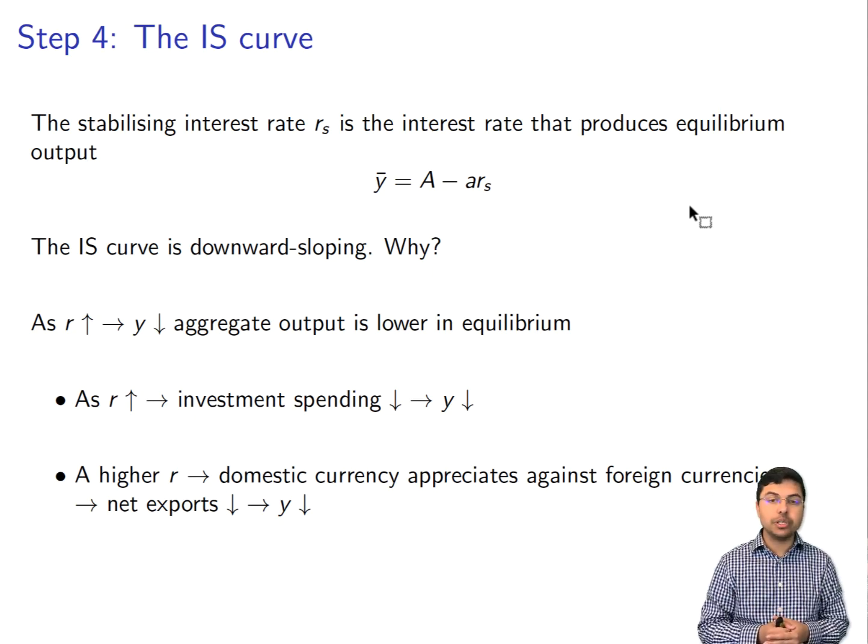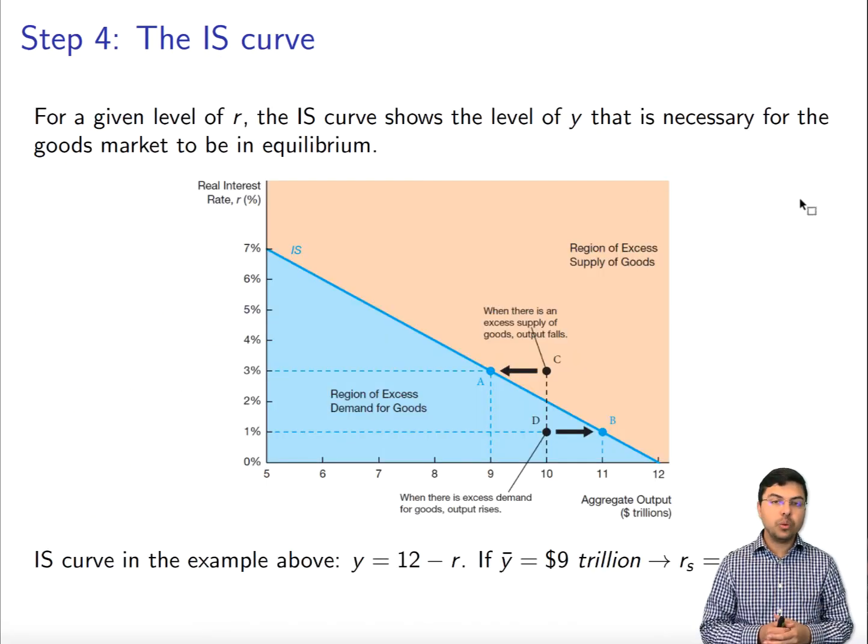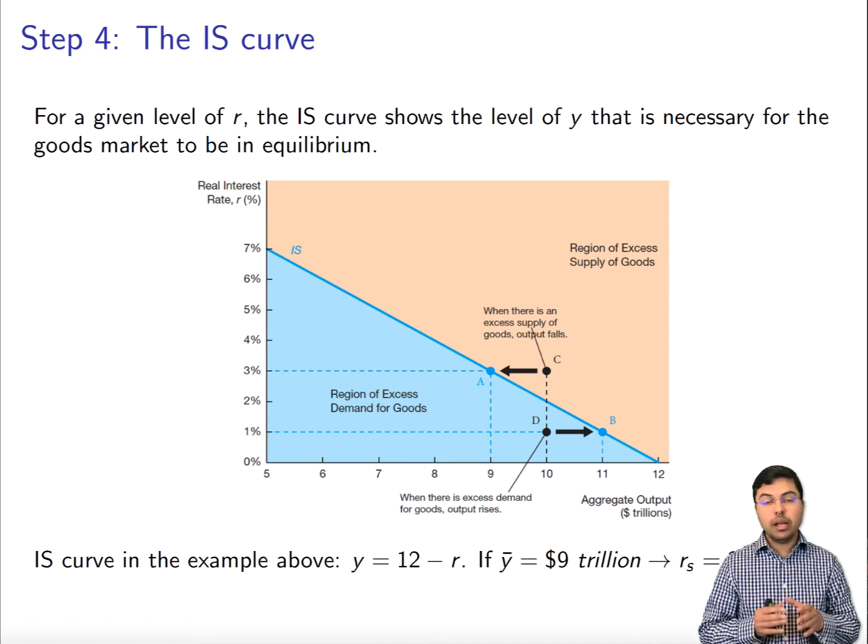As net exports decline, so does aggregate output. And that is why the IS curve is downward sloping. The higher is the real interest rate, the lower is the aggregate output. And the lower is the real interest rate, the higher is the aggregate output.